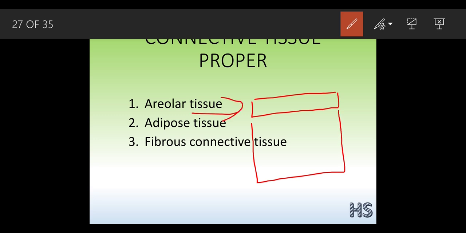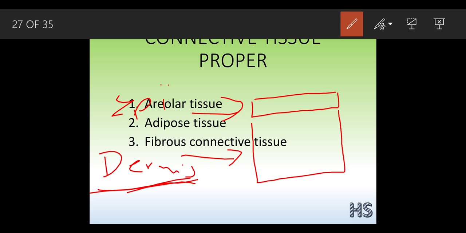This is called the epidermis, and this part is called the dermis. This dermis layer is made up of the areolar tissue. What do you mean by the word beneath? Beneath means downward, beneath the epidermis.